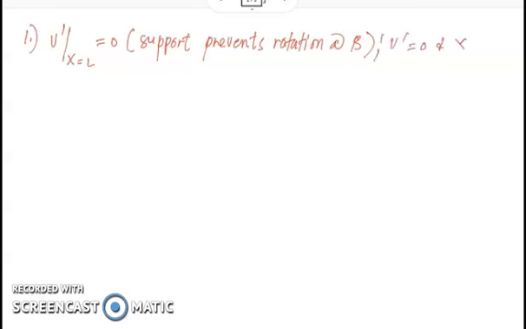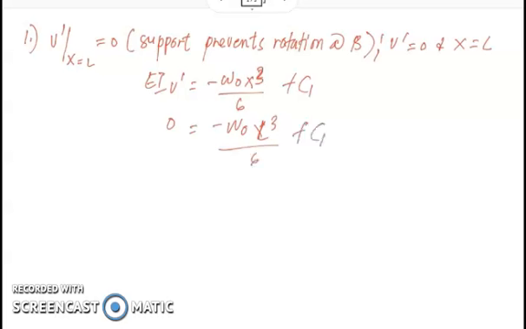So you need to say the support prevents rotation at point B. If we substitute v prime equal to 0 and x equal to L into our equation, EI v prime is equal to negative w sub o x cubed all over 6 plus c sub 1, we get 0 is equal to negative w sub o L cubed all over 6 plus c sub 1.